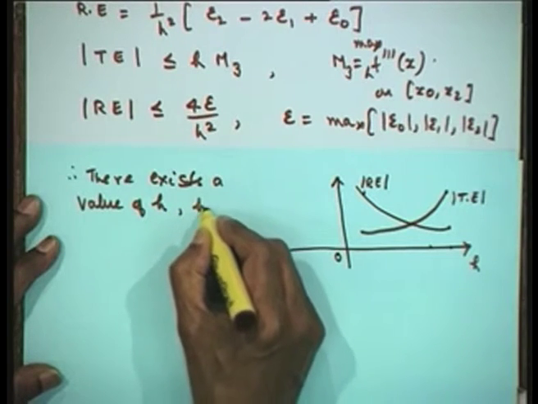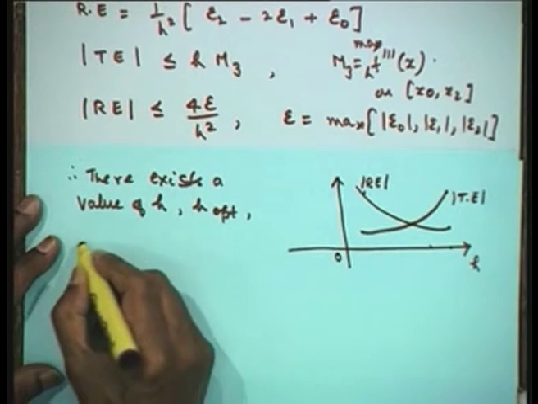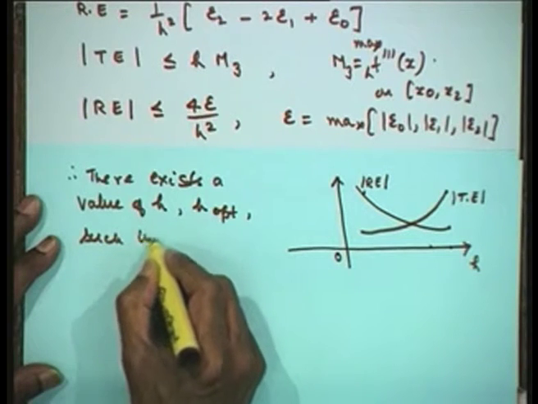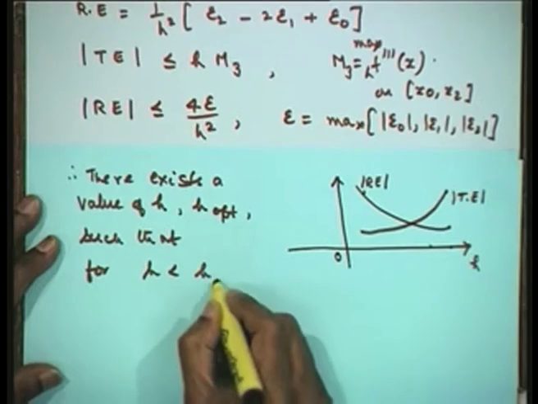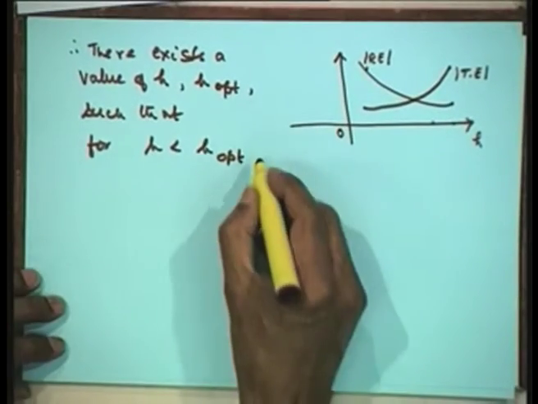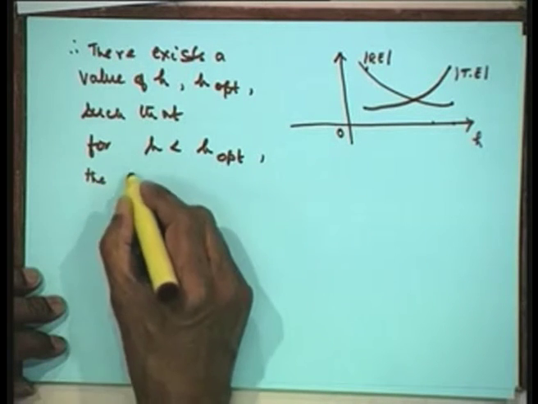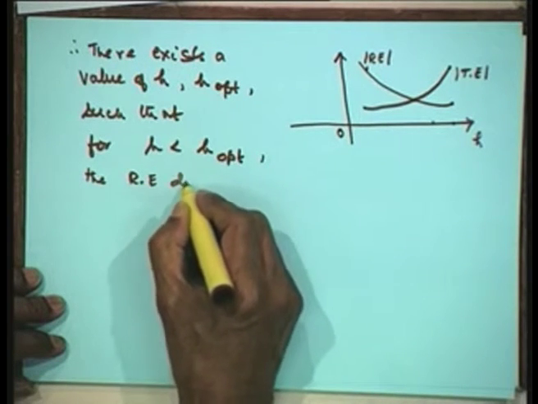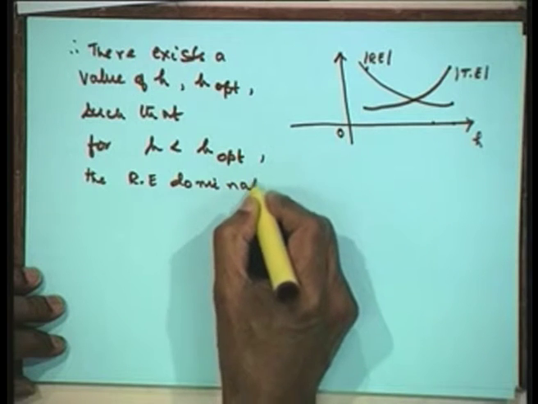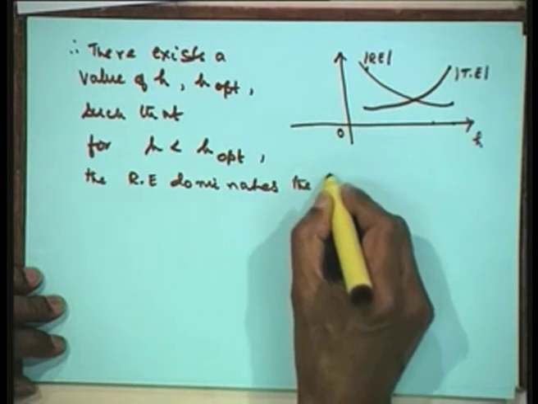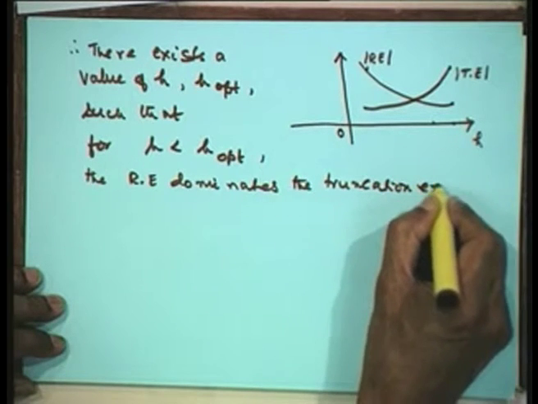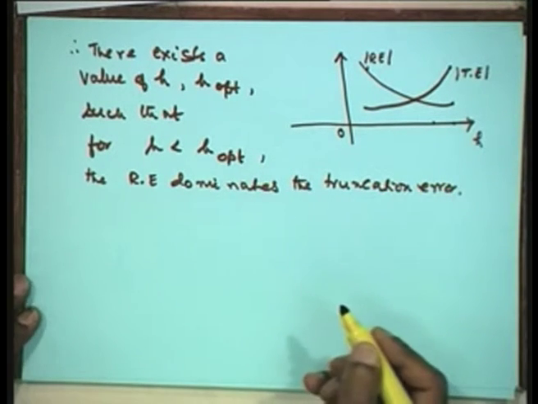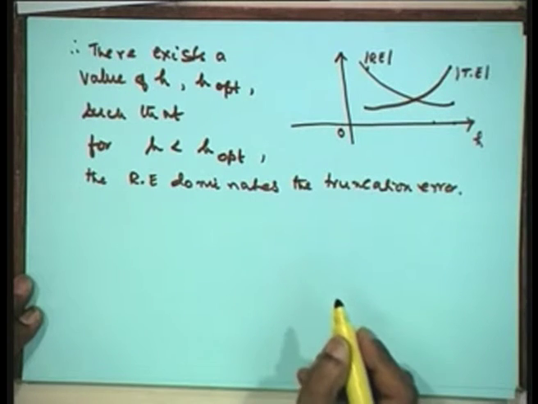So, let us call it h optimum such that for h less than h optimum, the round off error dominates the truncation error. And therefore, this leads to a numerical instability.